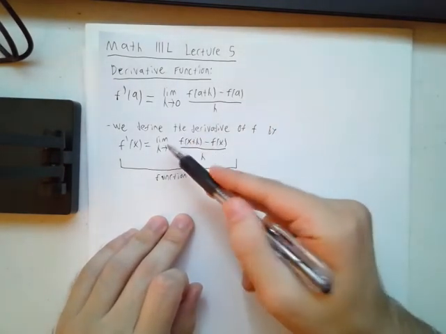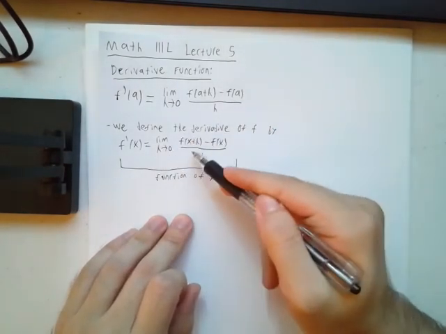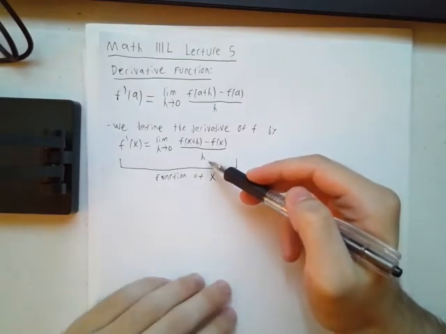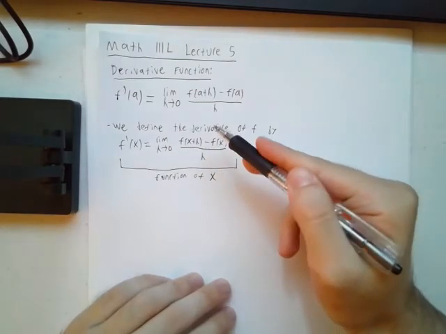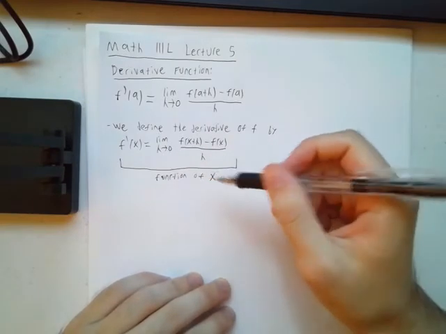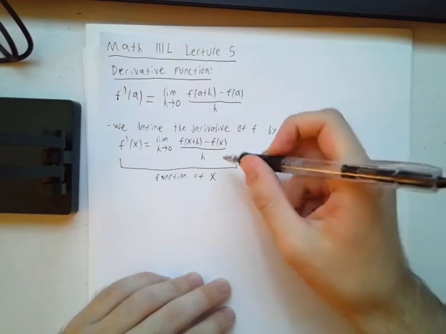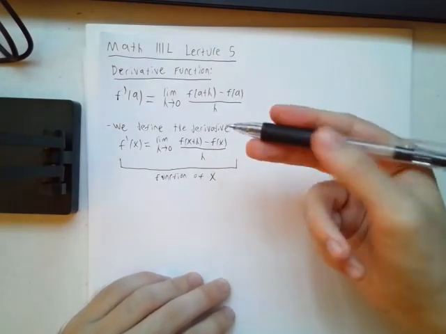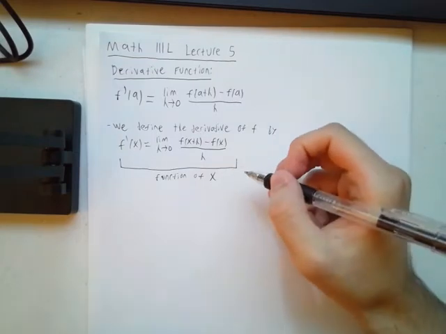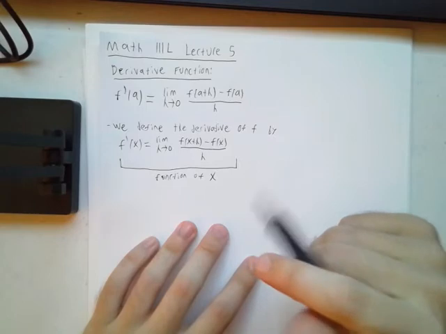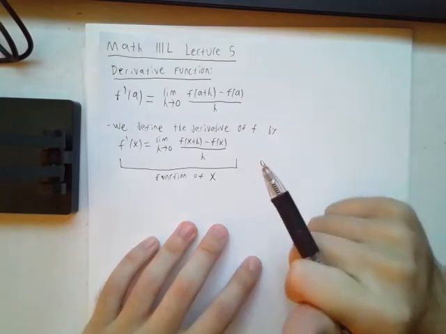So by leaving this in terms of x when we do our limit calculation, it means that later we can plug in any value of x that we want to get the value of the derivative at that point. So basically, if we want to change the point, we don't have to redo the calculation again and again. We just plug in different values of a to our final answer. So this is very useful, and it can save us a lot of work.